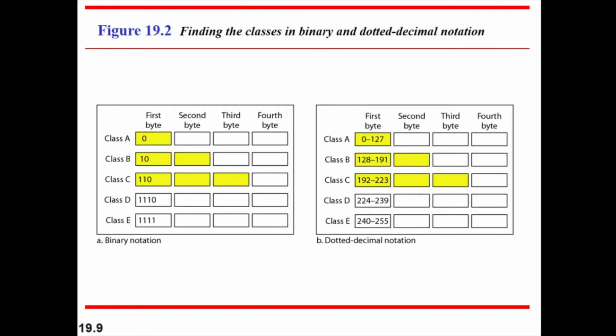Class C, 192 until 223. Class D, 224 until 239. And class E, 240 until 255. So this is how it is classified based on the number and the class. So you must look at the first byte of the address.